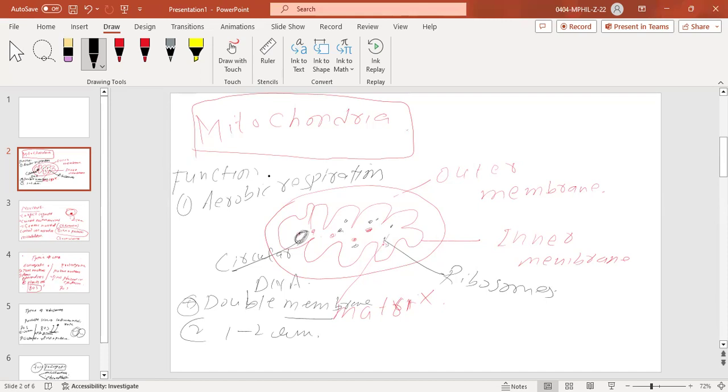For example, if you have glucose, that glucose has to go through this process of respiration, and by this process it produces energy in the form of ATP. We will study this topic in detail. So its main function is aerobic respiration, producing energy in the form of ATP.